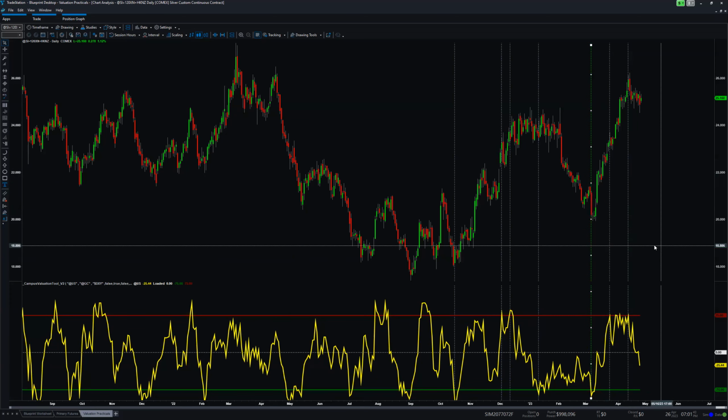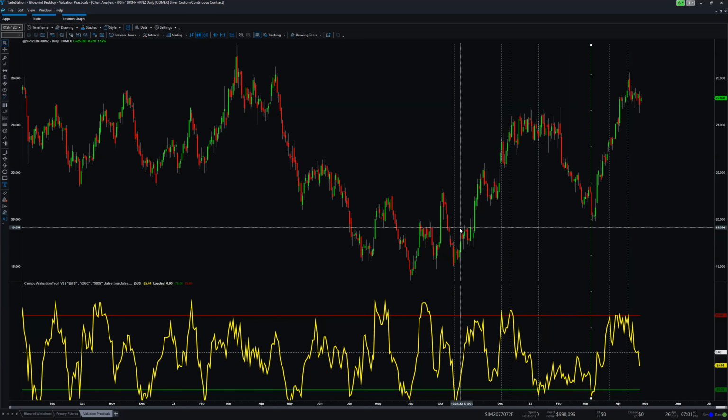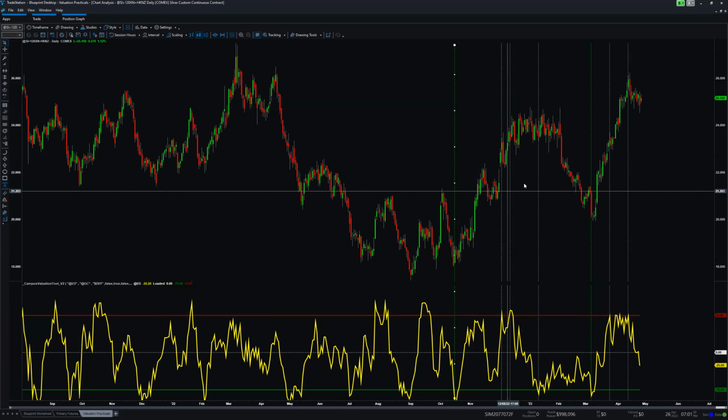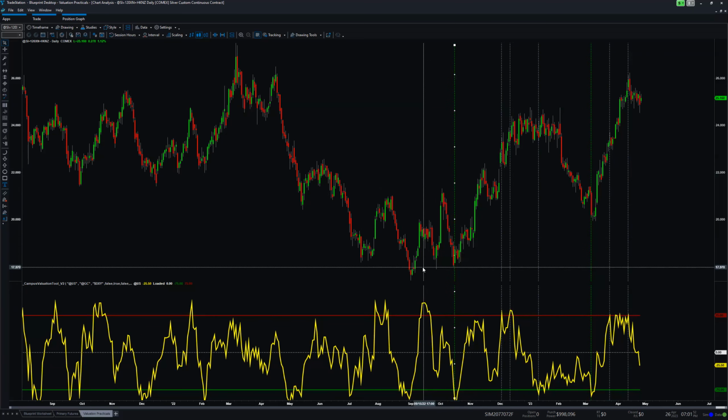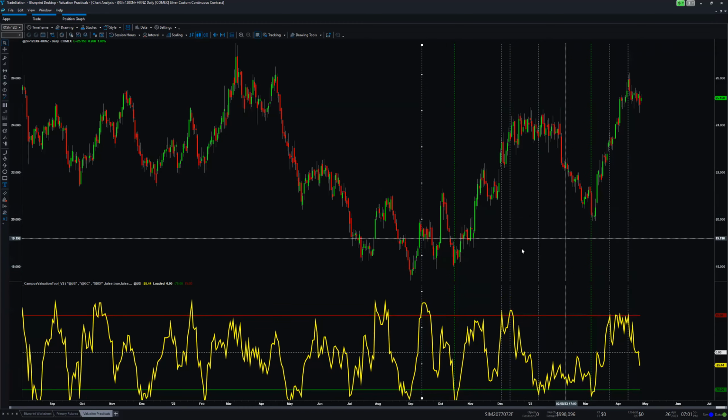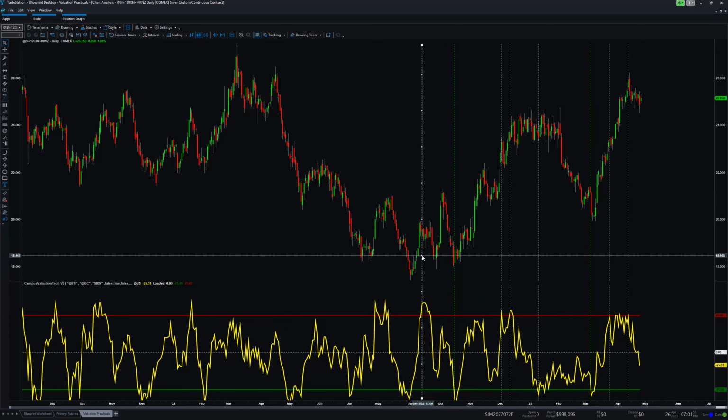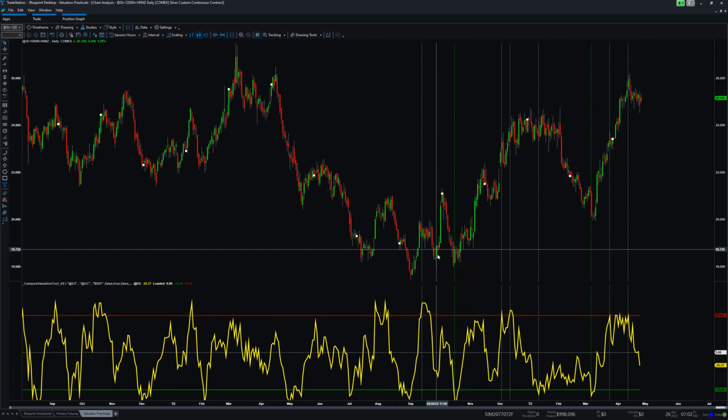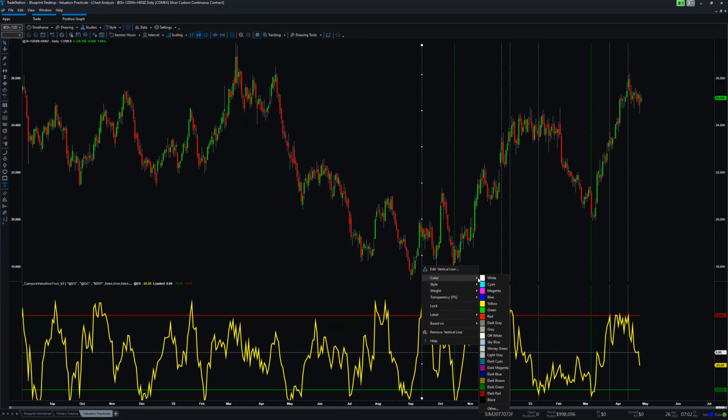So regardless of the context of price and the trend, I'm just going to put a few lines in, and I'm going to mark them green if they worked, and leave them as is if they did not work. Here we're overvalued, we get a nice decline here, though just for a little bit.